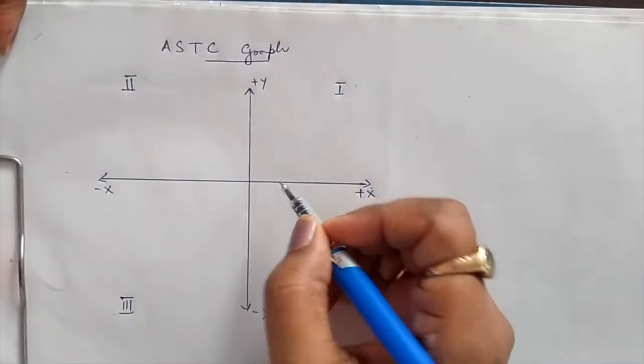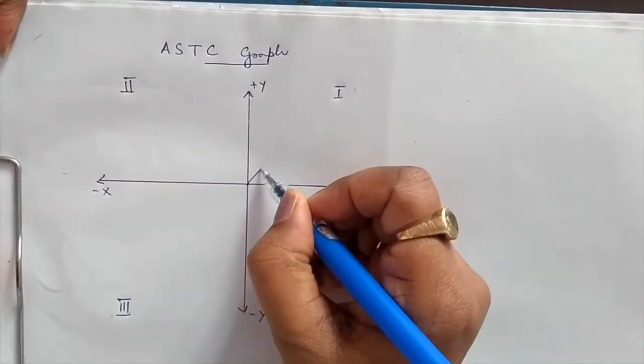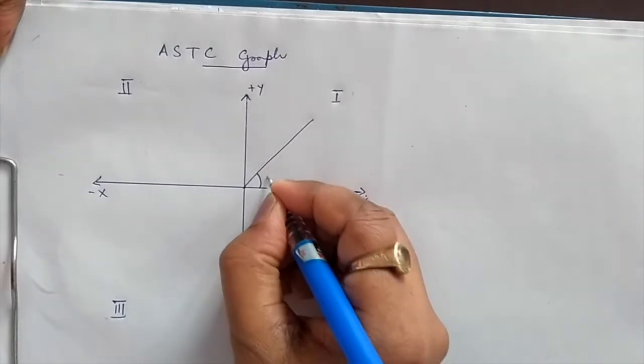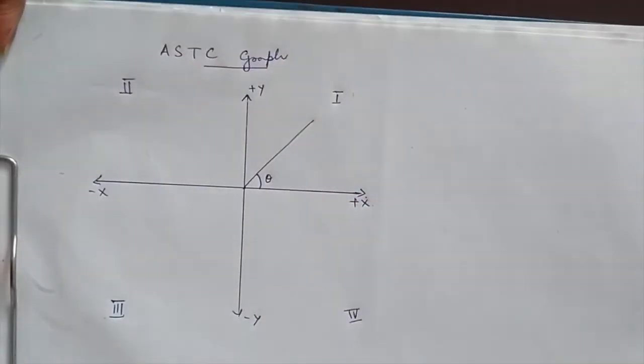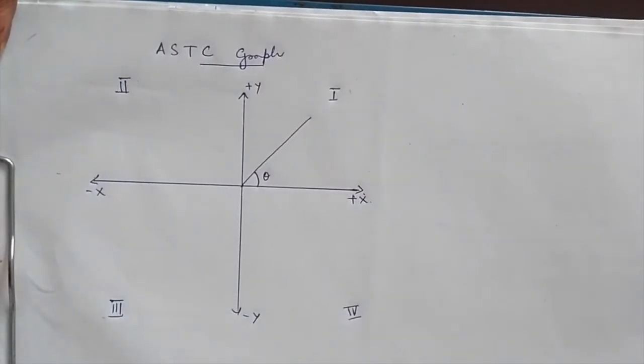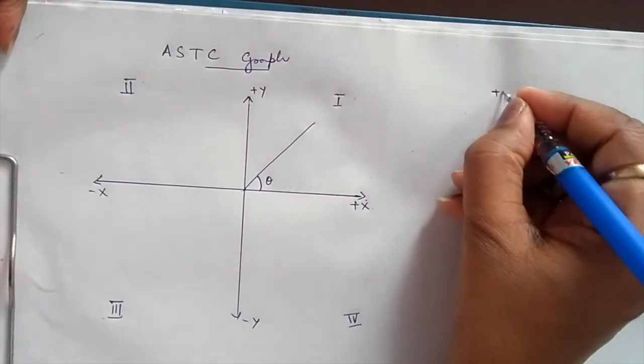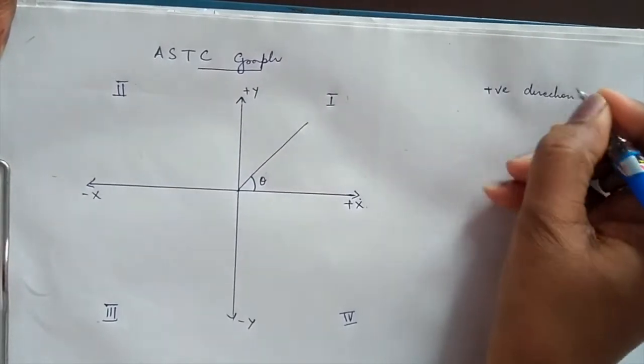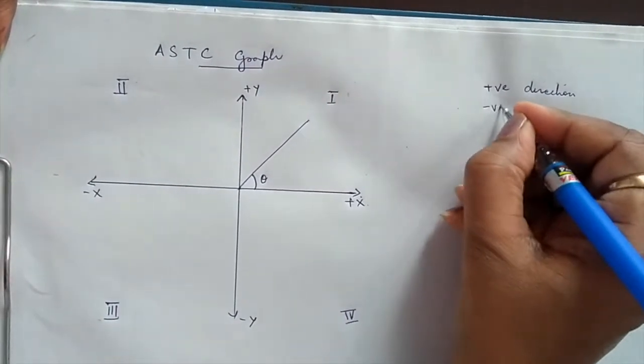Now, supposing I have a line making an angle of theta with the x-axis. Now, in trigonometry, there are two directions. One is the positive direction, the other is the negative direction.